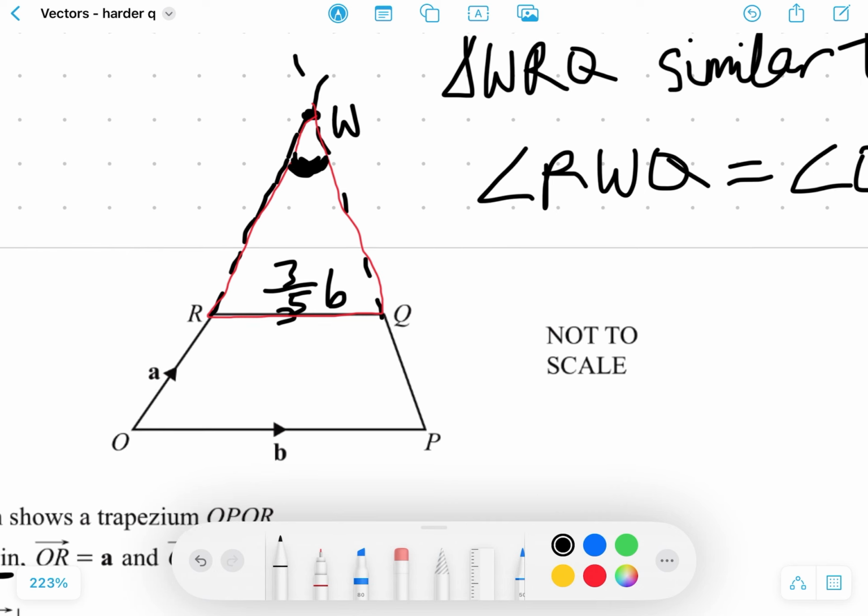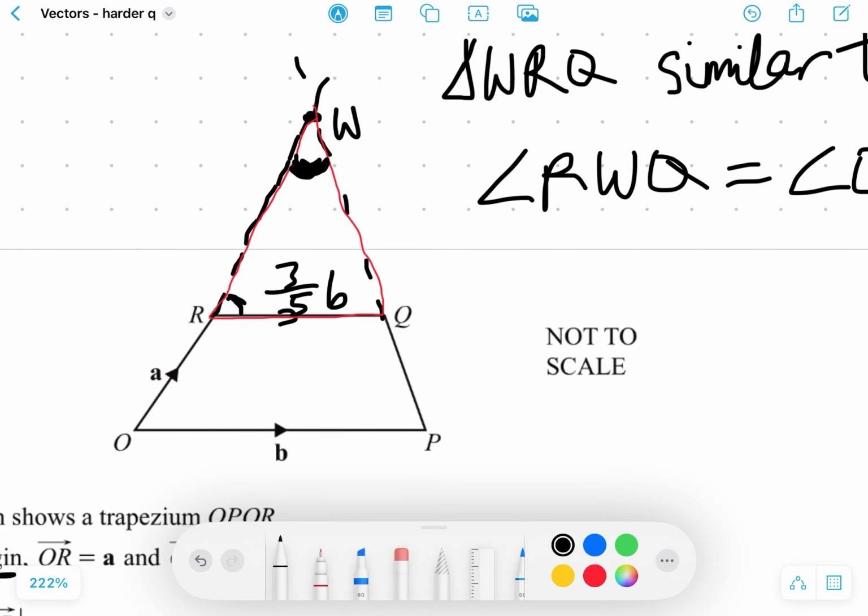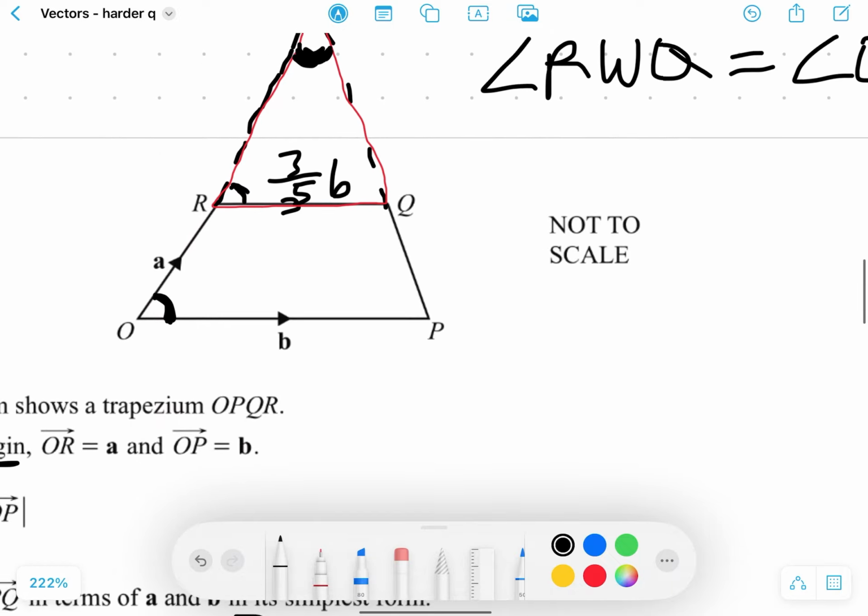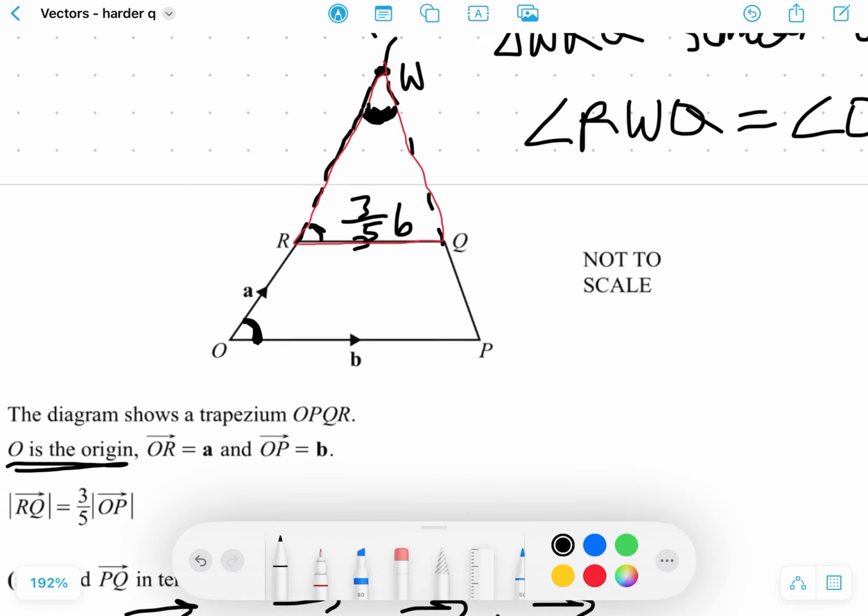And also, we've got that this angle right here, angle WRQ, is equal to angle WOP, because they are corresponding, because these two lines are parallel since it's a trapezium.